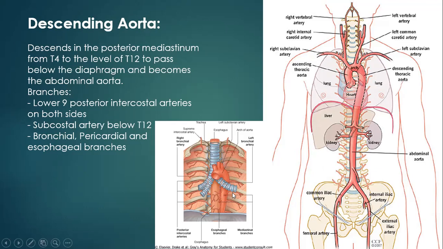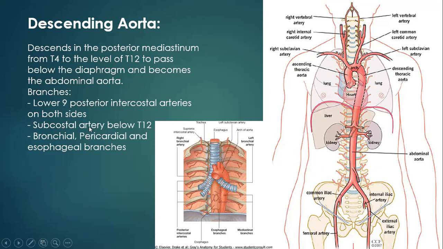So the lower 9 arteries are given by the descending thoracic aorta. These are the branches coming directly from the descending thoracic aorta, the lower 9 posterior intercostal arteries on both sides. They are posterior because there are also anterior intercostal arteries.